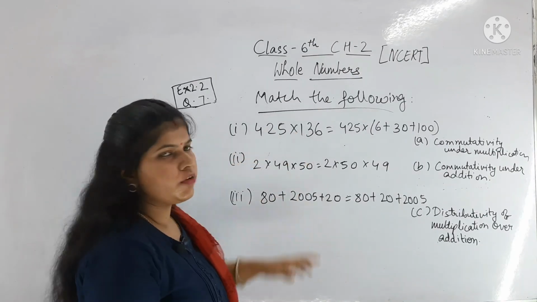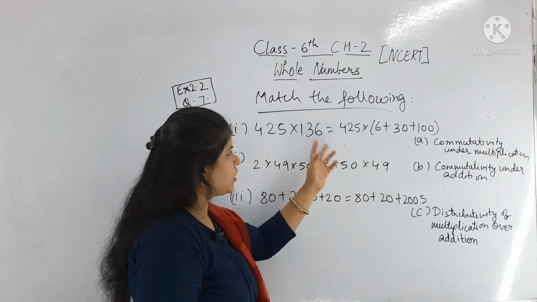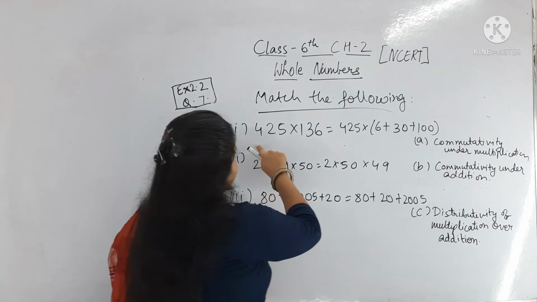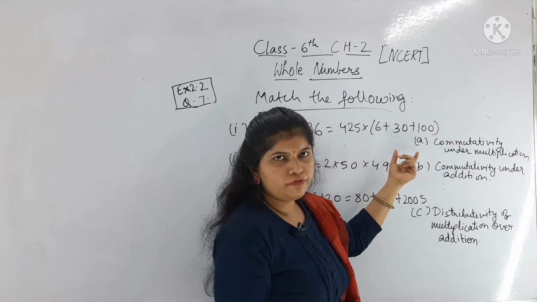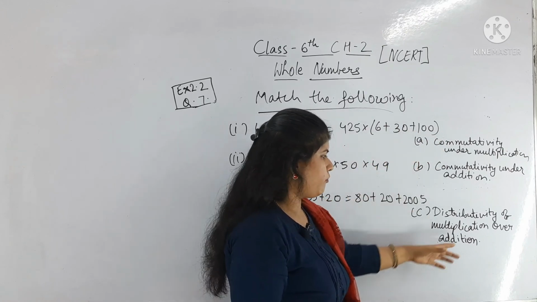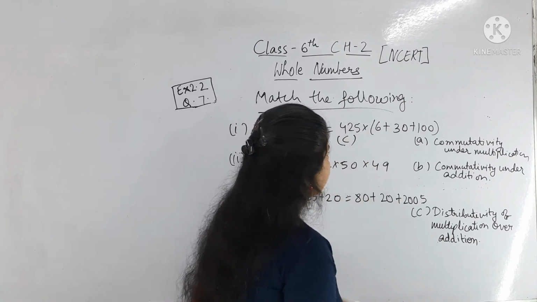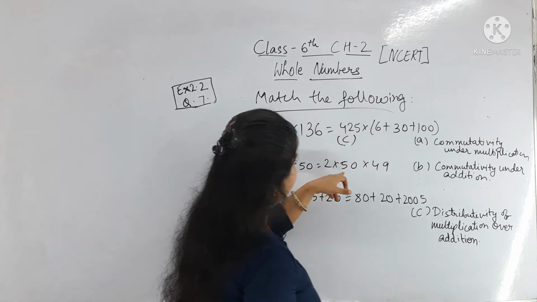Match the following. So this is given the equation and you have to match. This is the commutative or distributive. Okay. So here you can see that 425 into 136 equal to 425 into in the expanded form. So this is the distributive of multiplication over addition. So here it is C. Okay. And this second is 2 into 49 into 50 equal to 2 into 50 into 49.